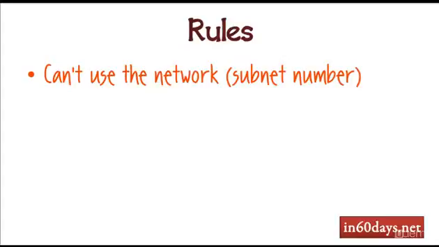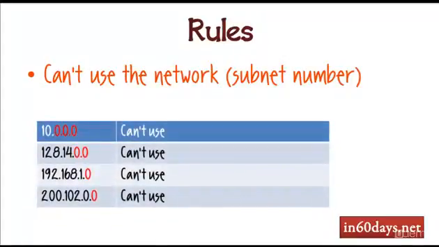You can't alter that. So if you've been granted a number by your internet service provider, you can do whatever you want with the host part. You just can't alter the network part. So you can see here are just 3 examples for a Class A address.